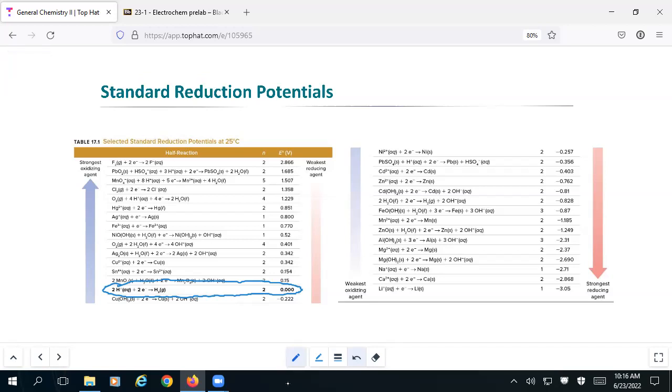So there is an inverse relationship that exists between oxidation and reduction. If we've got good oxidizing agents, we have poor reducing agents on the other side. So fluorine's a great oxidizing agent. Fluoride is a lousy reducing agent. So kind of similar to what we saw in conjugate theory. Strong acid, weak conjugate base. Strong base, weak conjugate acid. It's the same kind of idea.